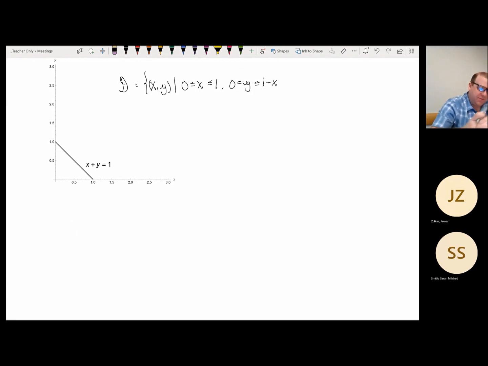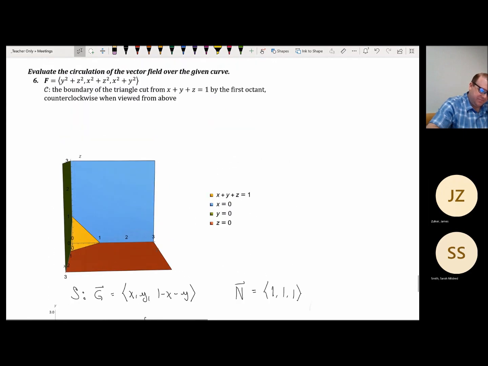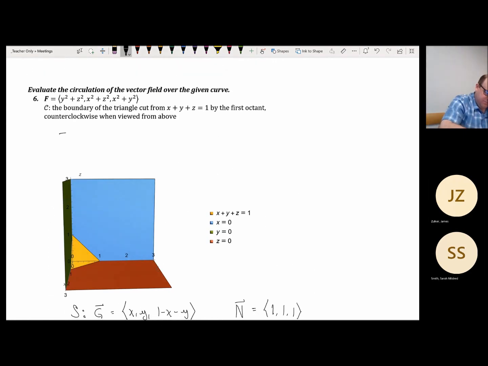Oh, there's one thing I did forget to do. I never found the curl. For Stokes' theorem, we need curl. I'm going to be really ticked off if this curl ends up being 0, and I just did all that. I know it's not.